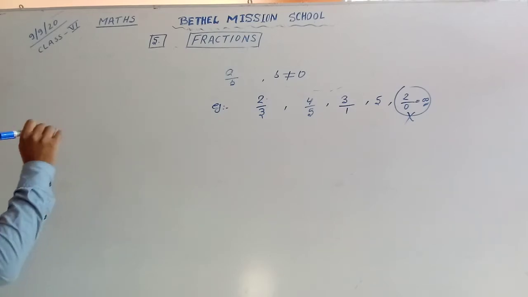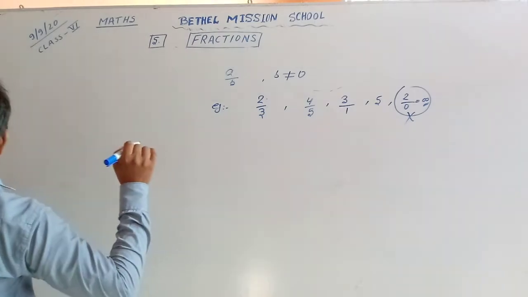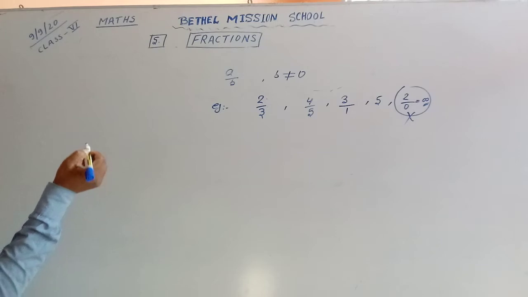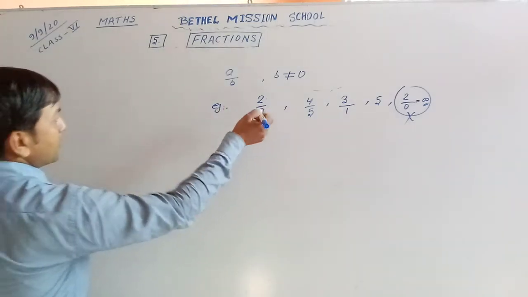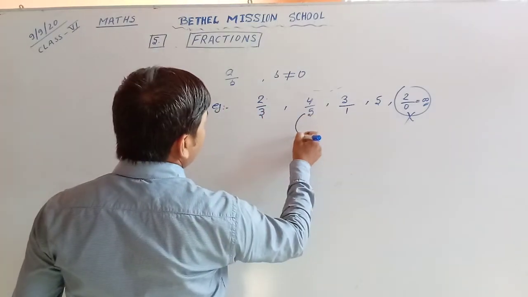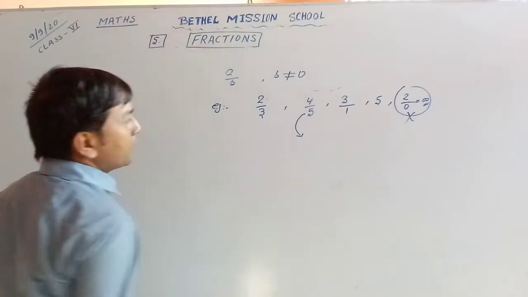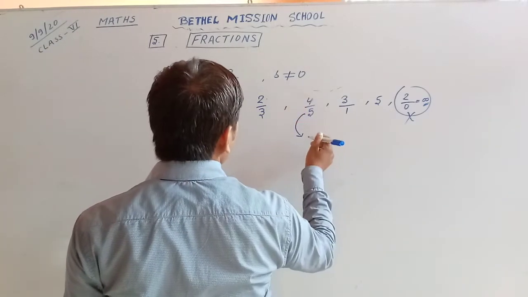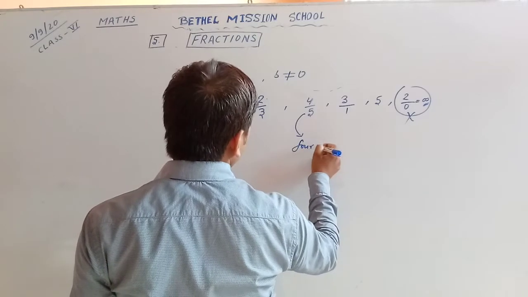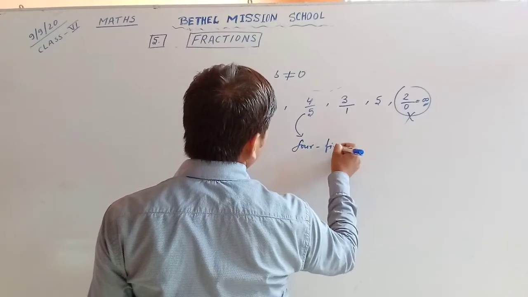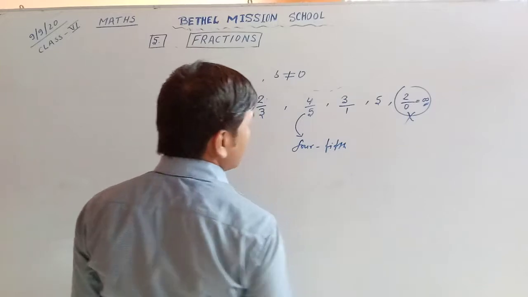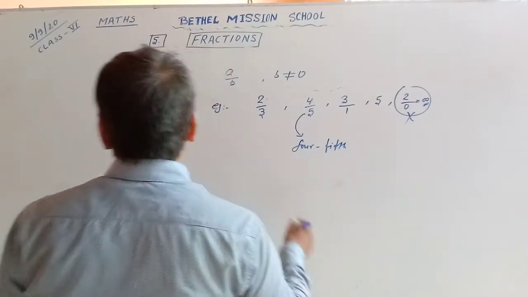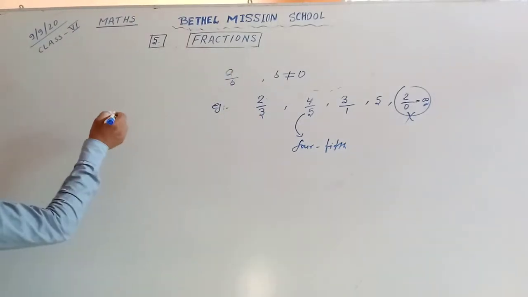Now we learn how you will read 2 upon 3 or 4 upon 5. You will write 4 and this is 5th. Suppose I am taking some other example.